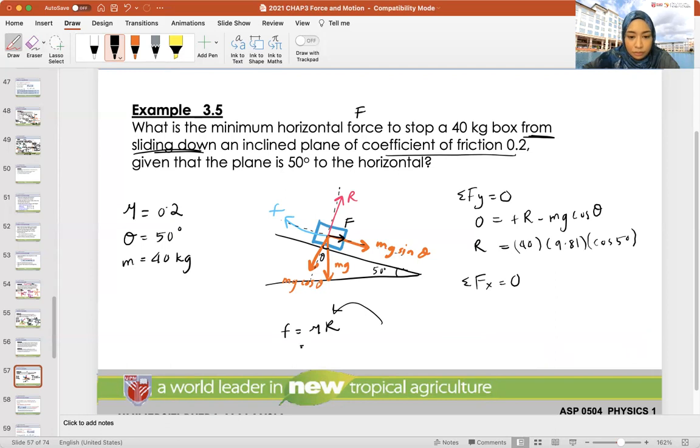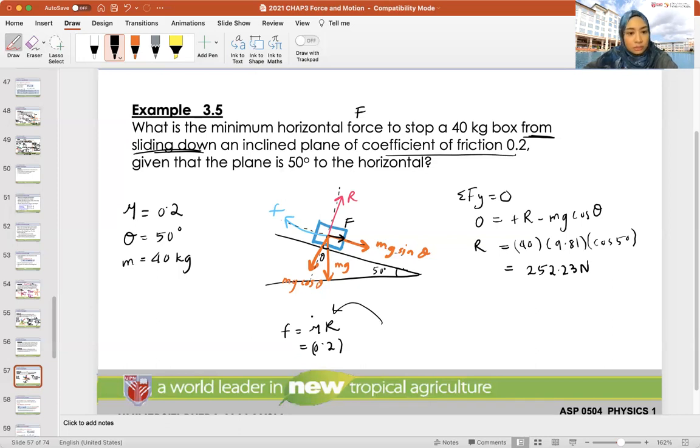Okay, so F equals mu R. So mu 0.2, kita dah tahu R apa. So that's great. Can someone calculate what R is for me? Kita kena tahu value dia this time. 252.23. Okay, so this is 252.23.